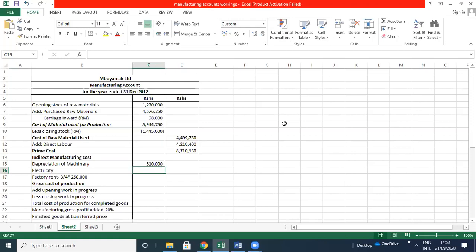What other costs are there? Electricity, 221. Do we have any additional information affecting that? Now I want you to decide, is it 221 or is it 406?